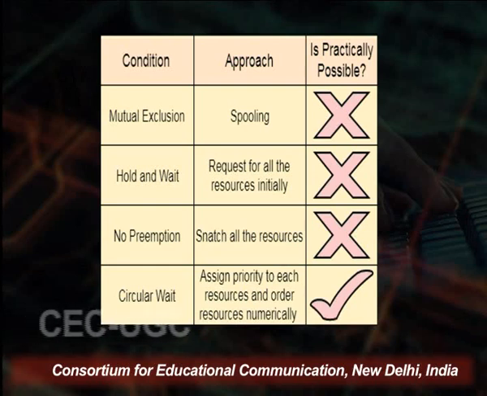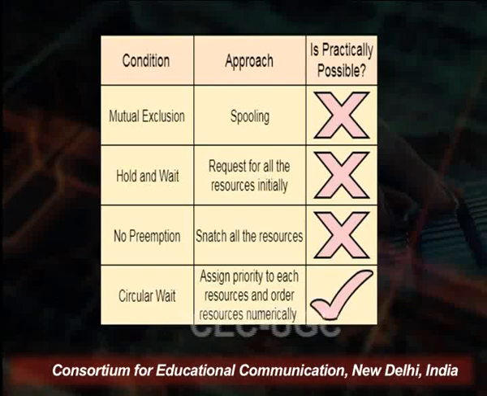We have seen all the 4 conditions which are necessary for the occurrence of deadlock, and the deadlock prevention mechanism, in which we ensure that at least one of these conditions does not hold. The most practical approach in the hands of application developers is circular wait, which can be implemented easily, while the other 3 cannot be.